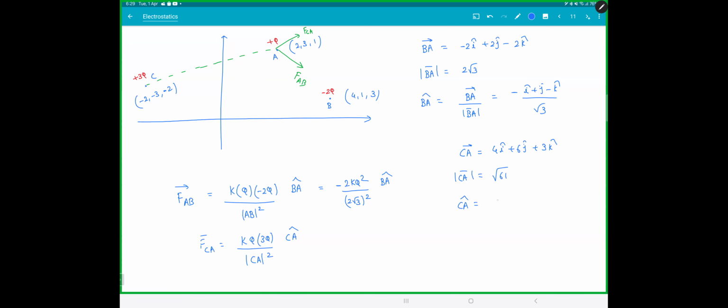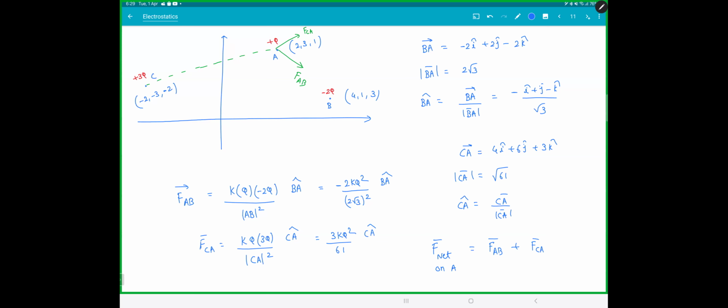So again, we know CA cap will be CA bar by mod CA. So this will be 3KQ square by 61 into CA cap. There, you're done. So the net force on charge A, you can just add these two vectors, force AB plus force CA. That will give the final answer.